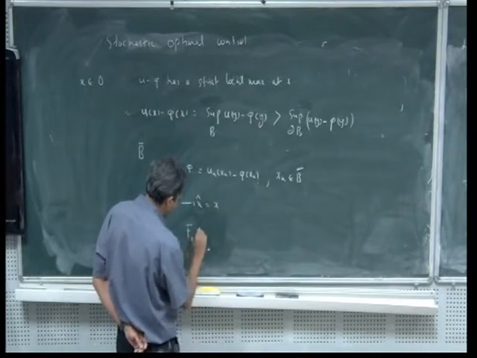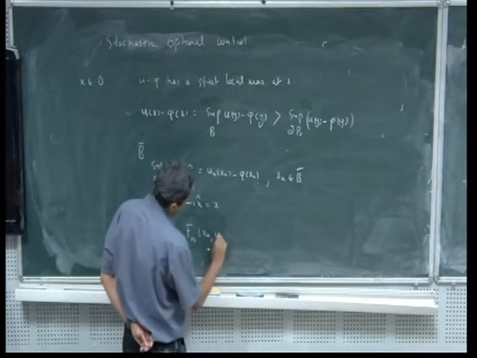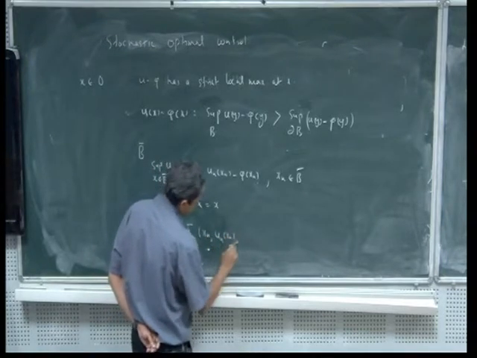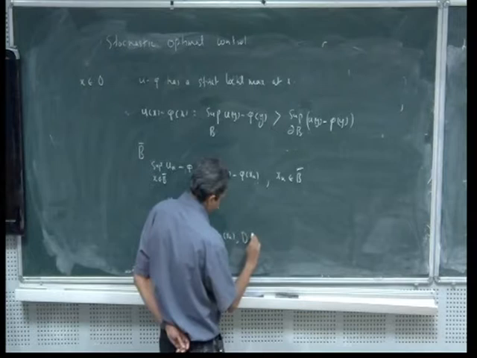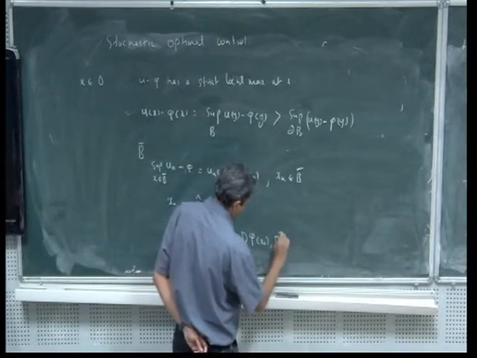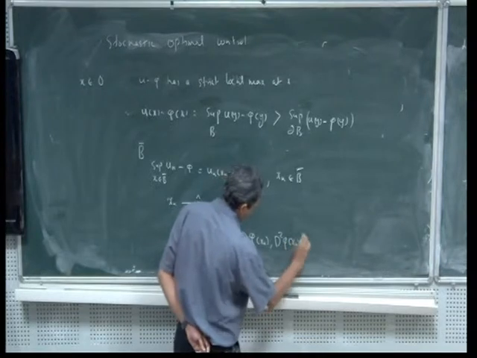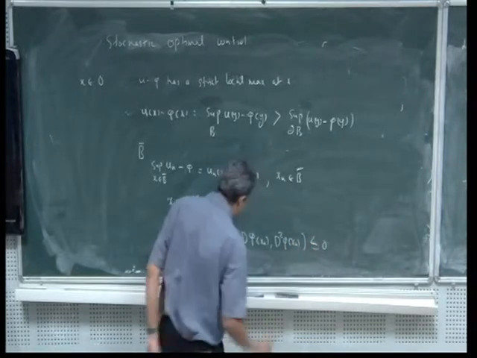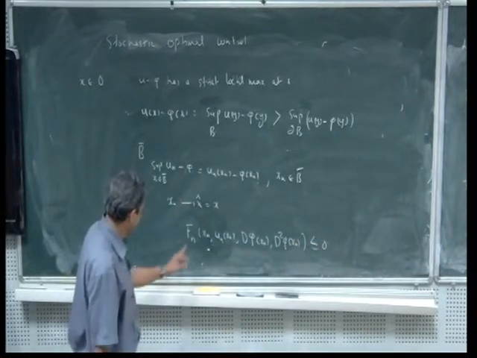So what you will get is an inequality at x_n with u_n(x_n), which is less than or equal to 0. Now pass to the limit.